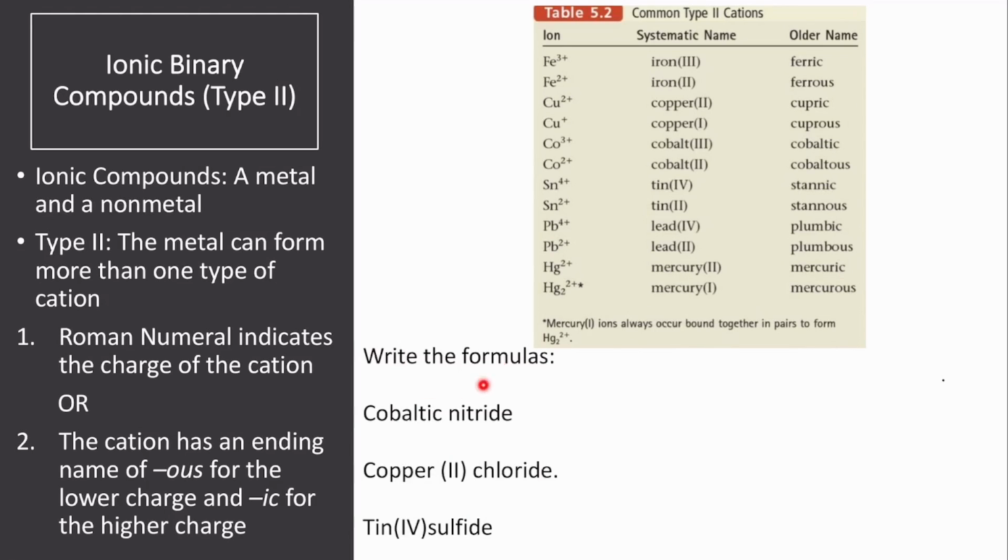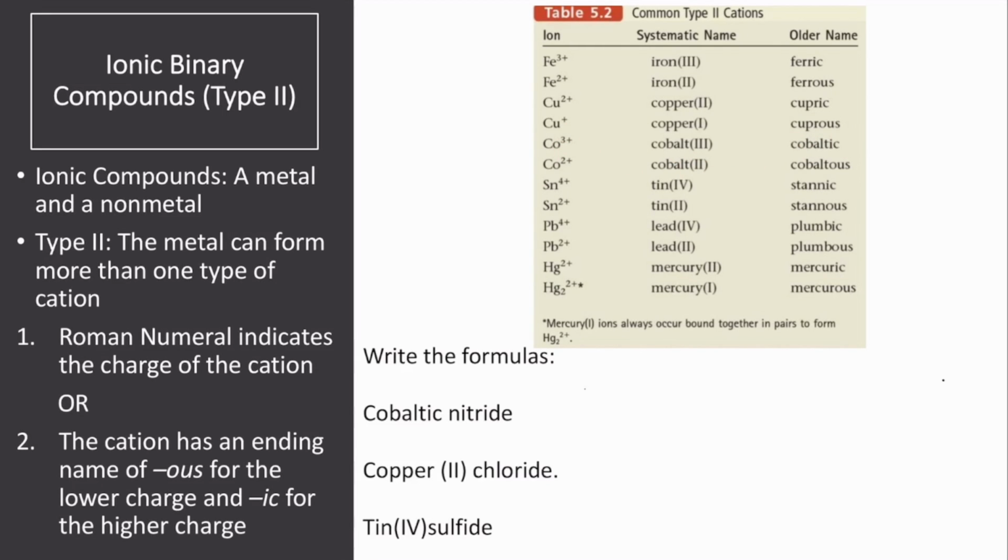Finally, we can write the formulas of these type 2 ionic binary compounds if we are given the names. Let's look at the first example, cobaltic nitride. So the -IC in cobalt tells us that we have to choose the higher oxidation state. So the higher oxidation state of cobalt is 3+, cobaltic.